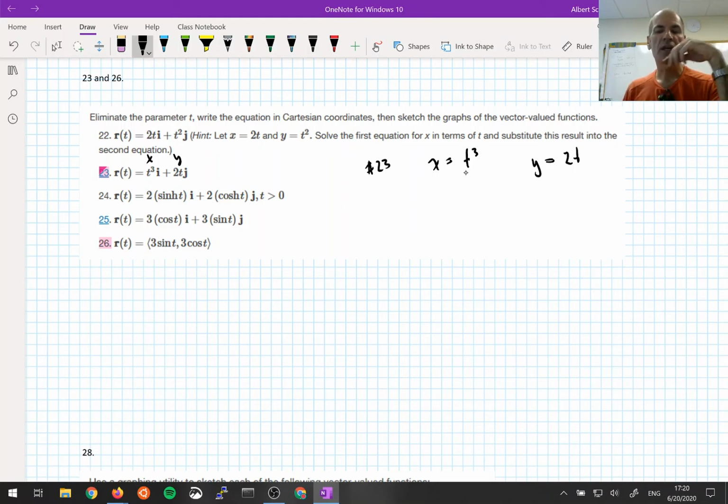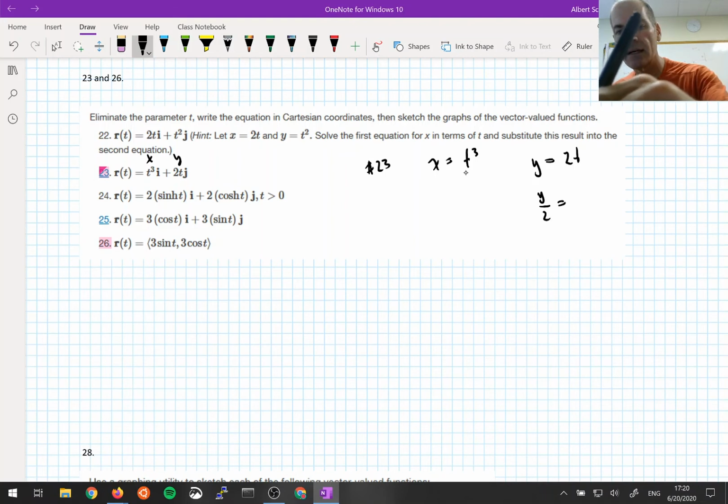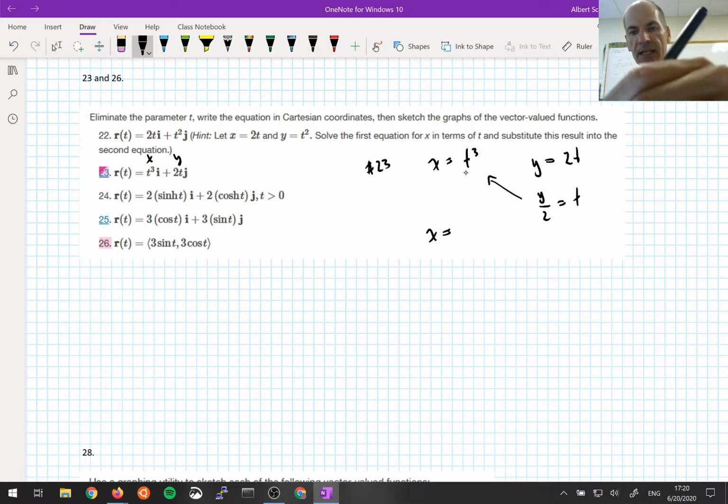I'm not a huge fan of solving for t in the x equation. I do like my chances for solving for t in the y equation. So I'm going to be lazy and do that. t is equal to y over 2. And then I'm going to substitute that into here. x equals y cubed over 8.